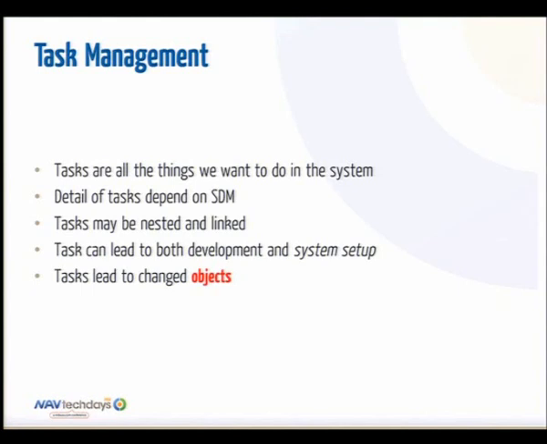Tasks may be nested and linked, and you might not be able to start on one task before something else is completed. But a task can lead to development, but also system setup. If you have a project and you break your project down in tasks, one of the tasks may be to do system setup, but very often tasks lead to changing the objects in Dynamics NAV.